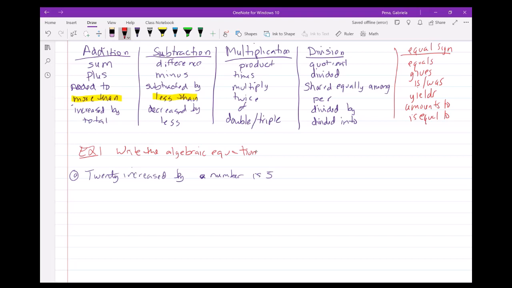So first of all, 20 increased by, so that means addition, by a number. We don't know the number, so we're going to put x equals 5. That's it.